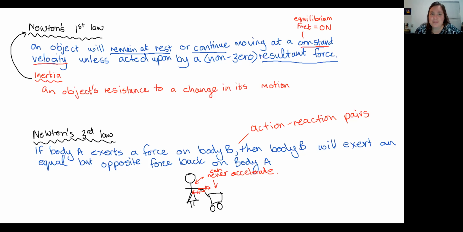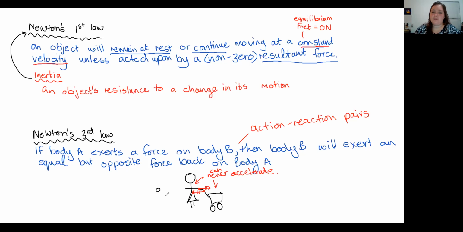Anyone? Come on, there's got to be someone who's brave. I recommend that when it comes to looking at this question, you realize that these two forces cannot cancel each other out because they're acting on different objects.